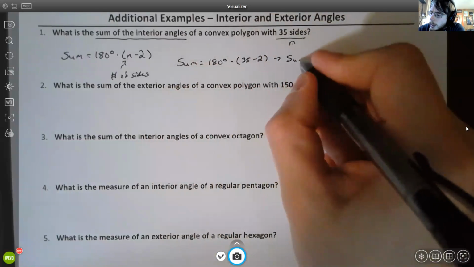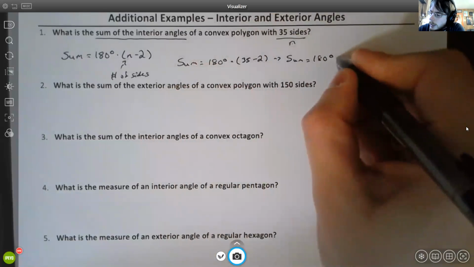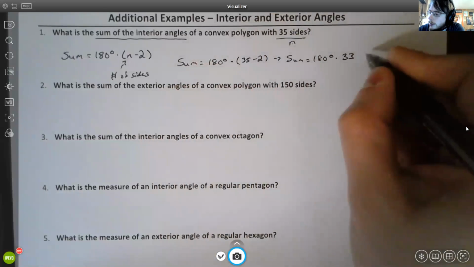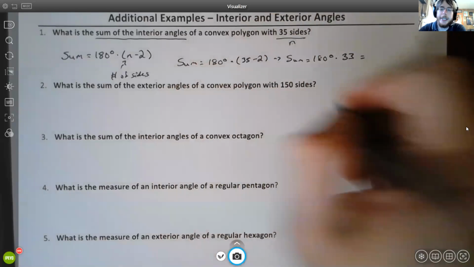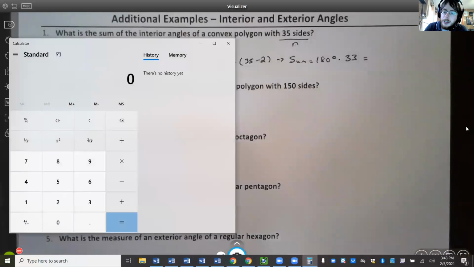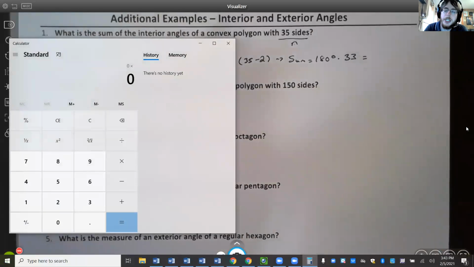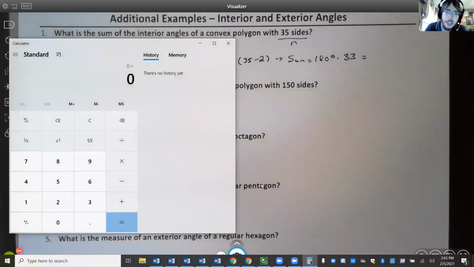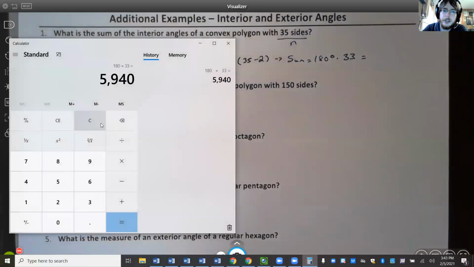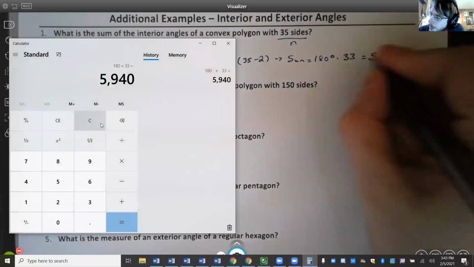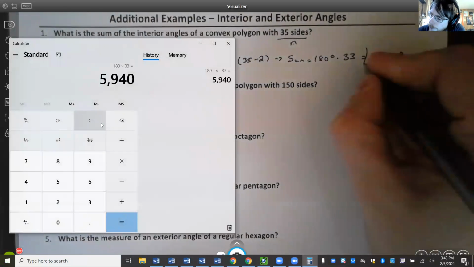So our sum is 180 times 33. If we type that in our calculator, 180 times 33 gives us 5,940 degrees.